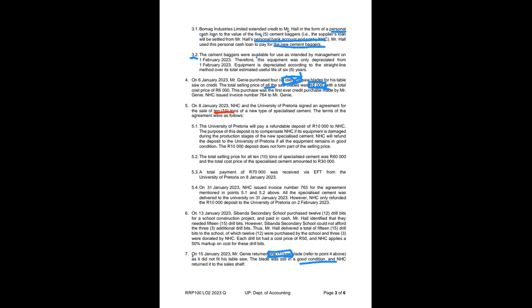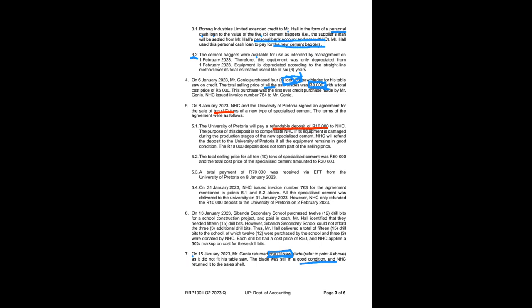So we see that there's a refundable deposit. Why is it important that it's refundable? We'll get to that just now. The purpose of the deposit is to compensate NHC if the equipment is damaged during the production process of the new specialized cement.